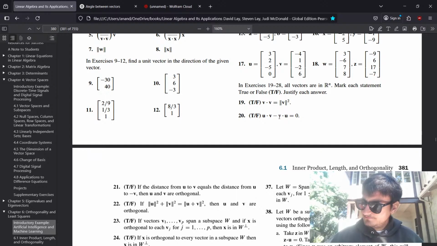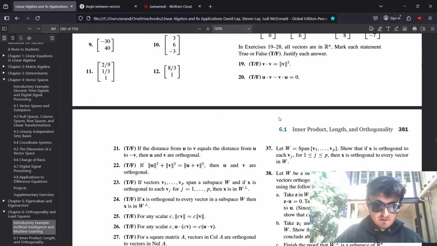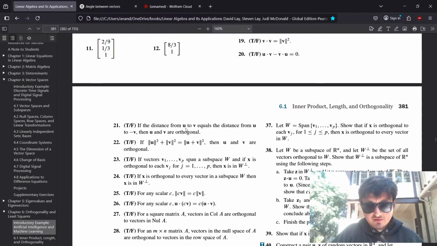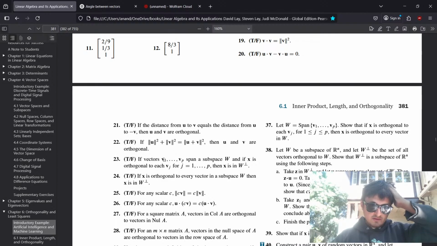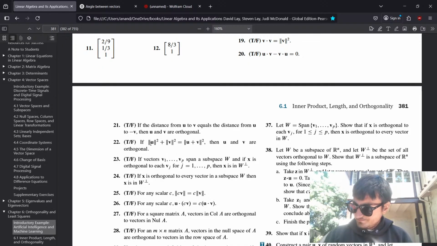This is also true. If the distance from U to V equals the distance from U to minus V, then U and V are orthogonal. That's true. This is also true, right? Yes, this is true. That's just the Pythagorean theorem.